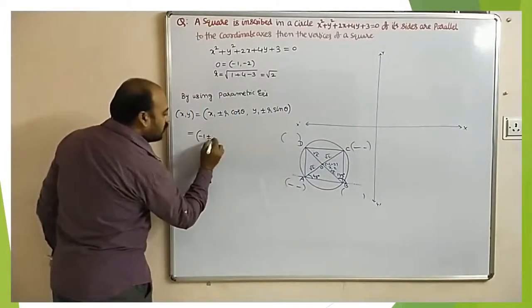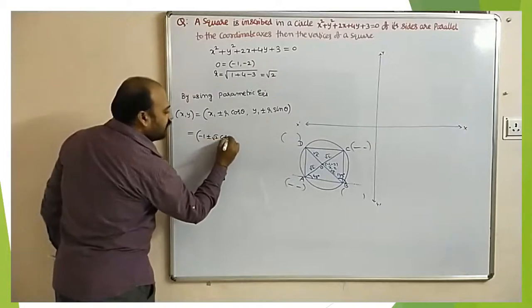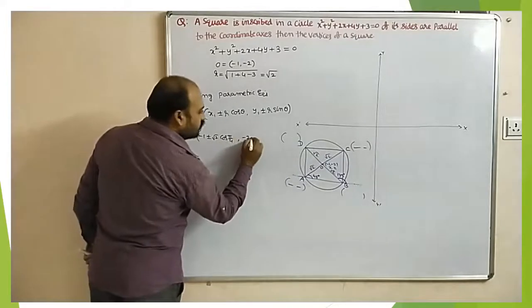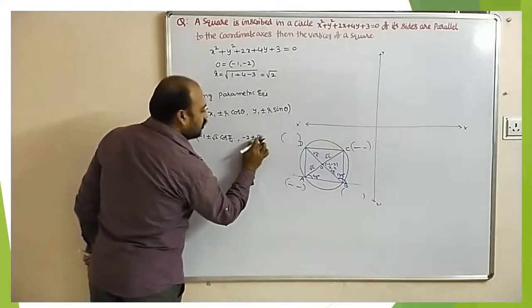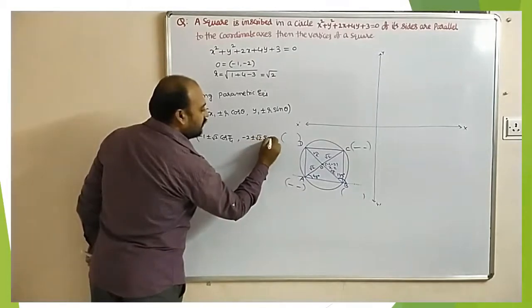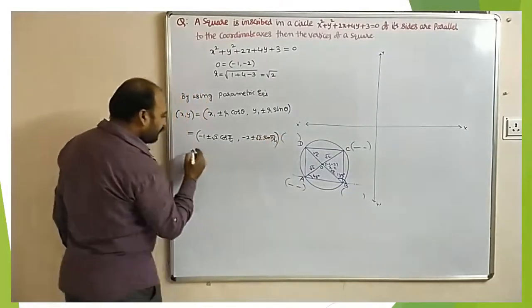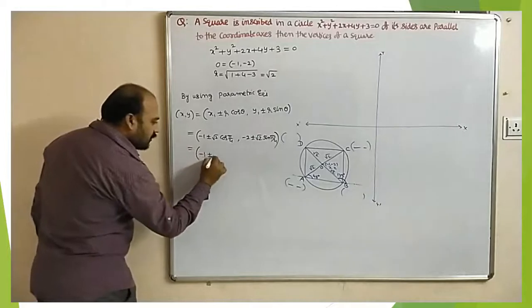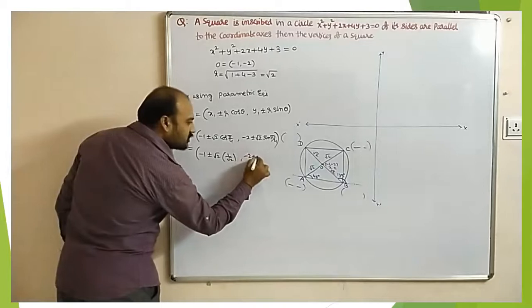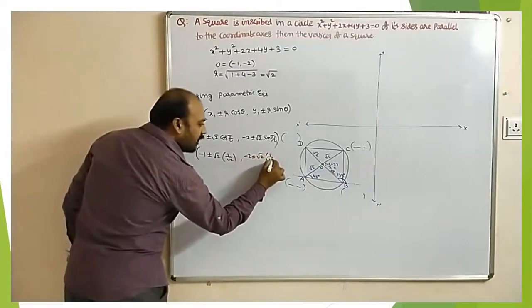So root 2 and cos 45, that is pi by 4, and y1 value is minus 2 plus root 2 sine pi by 4, which is equal to minus 1 plus or minus root 2 into cos pi by 4 is 1 by root 2, comma minus 2 plus or minus root 2 into sine pi by 4 is 1 by root 2.